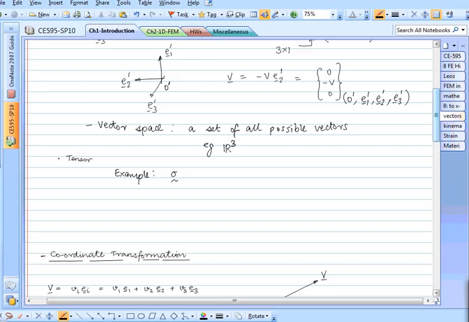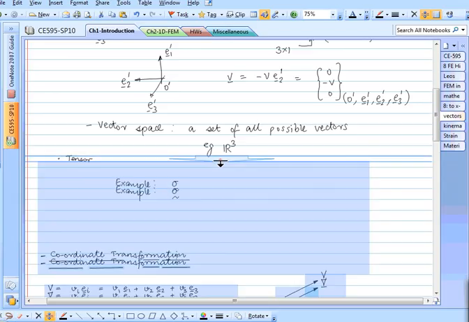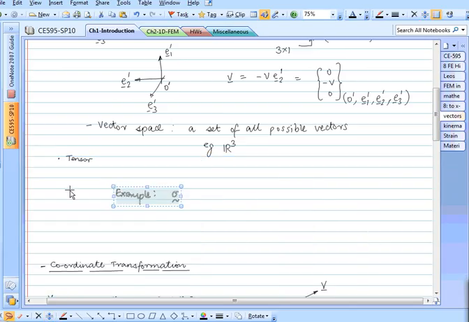So okay, here's the definition of a tensor. A tensor is a quantity that operates on a vector and produces another vector.